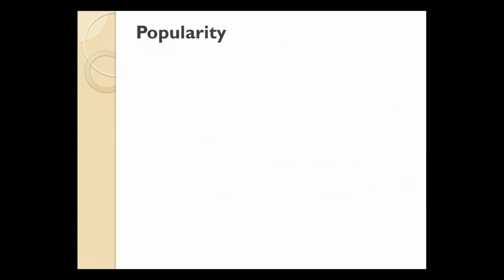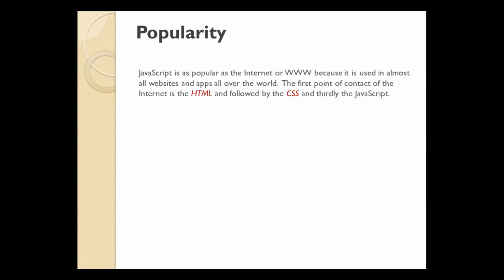Popularity of JavaScript. JavaScript is as popular as the internet or World Wide Web because it is used in almost all websites and apps all over the world. The first point of contact of the internet is HTML, followed by CSS, and thirdly JavaScript.